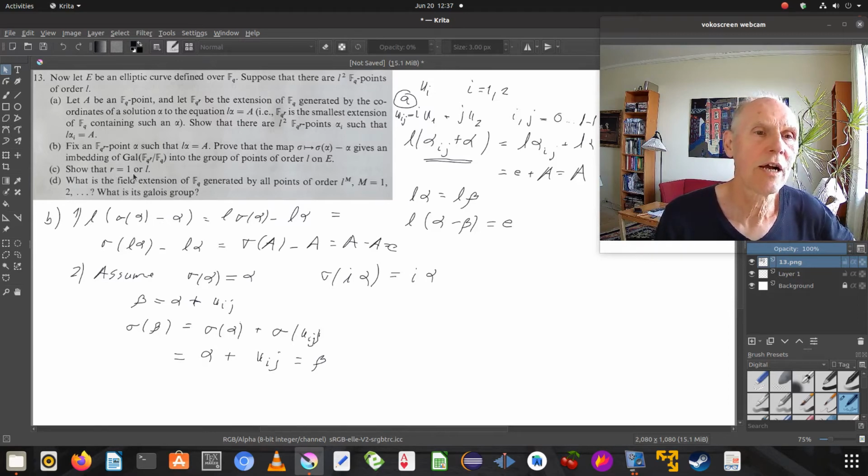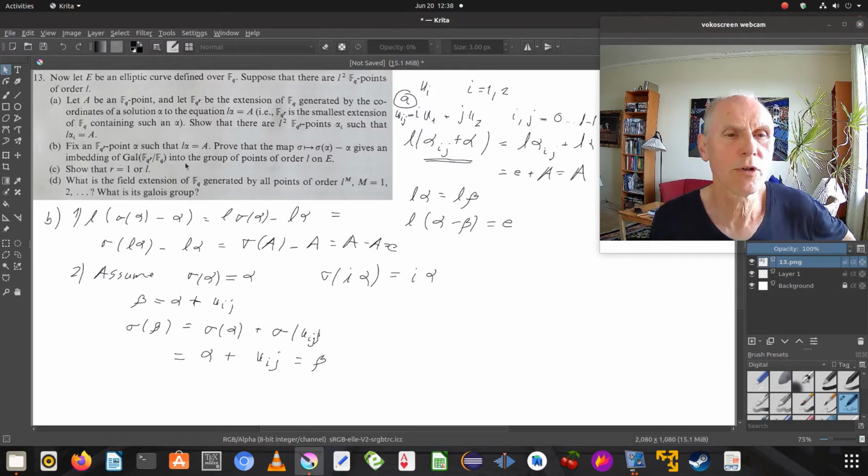Show that R is either 1 or L. It's 1 if they already lie in FQ. If they lie in an extension, then that extension is interesting, because we have L squared points.